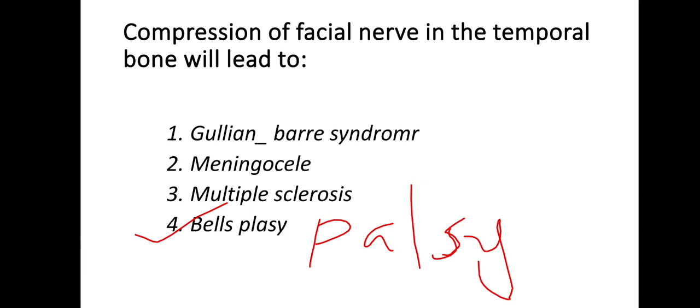Inside that sac, spinal fluid, that is CSF, will be there, but the elements of the spinal cord or nerves will not be there. Okay, so the nerve damage will be less or none, right?